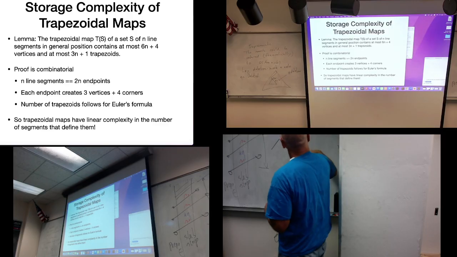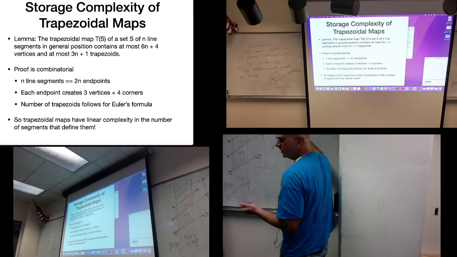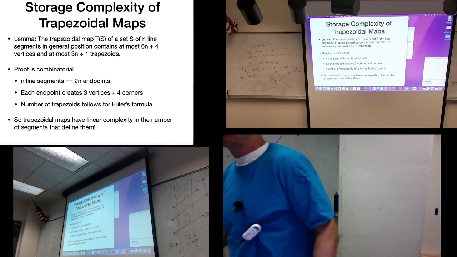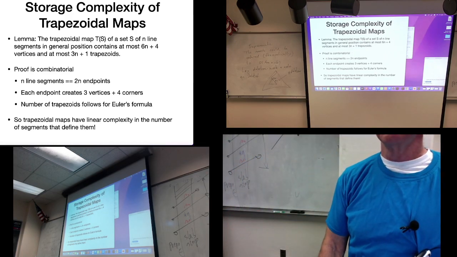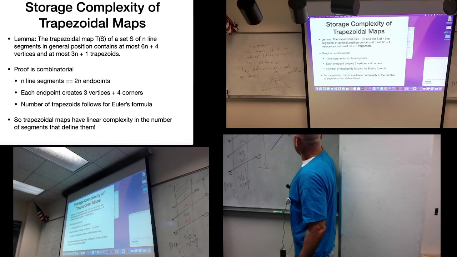Make sense? Similarly, this endpoint, shooting to the upper side, creates a corner over here. So at most 4 corners. Think about all the cases. Am I going too fast? Does it make sense? Just think about an endpoint of a segment. Think about the vertical decomposition.